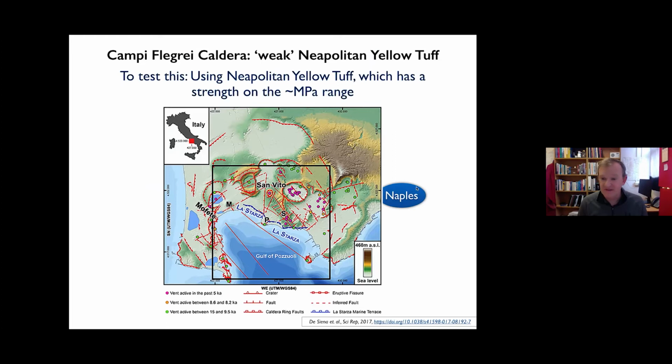So Naples is here. This map is just on the left of Naples, so the Campi Flegrei area, and in particular the classic Neapolitan yellow tuff, which happens to be a very low strength volcanic rock. Ideal for testing Chris Bean's model.